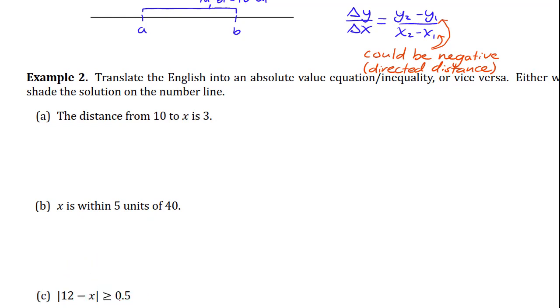And either way, let's shade the solution on a number line. By the way, if it takes you a little longer to read this and really understand it, especially with these videos, I'm just going to keep going through it. You might need to pause it and really read the example, because I'm just going to get right into it.